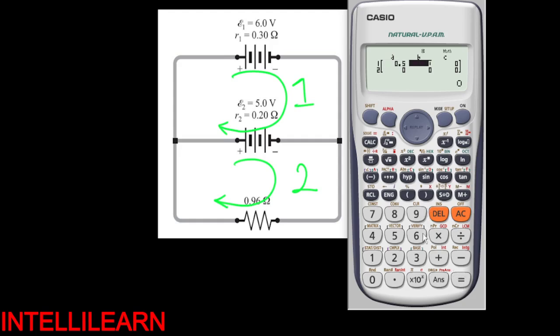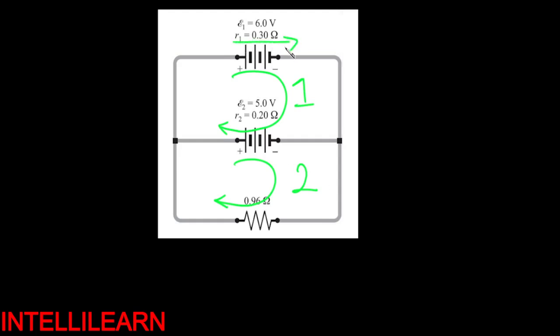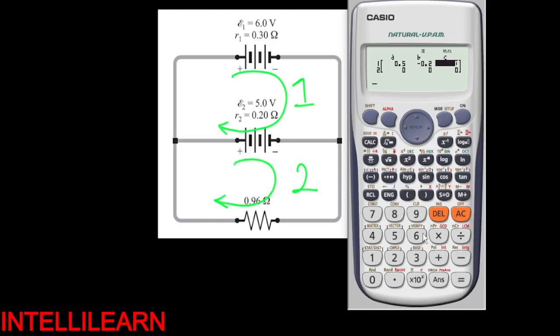Between the first and second loop, I have what? Minus 0.2, because that 0.2 is in between. Then if I go clockwise in the first loop, like this, I will have what? A drop of 6. Then by the time I get here, I will have a rise of 5. A drop of 6, a rise of 5.